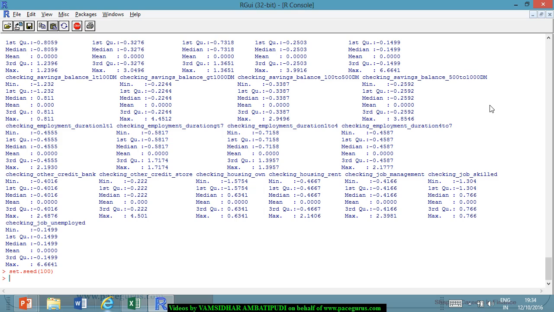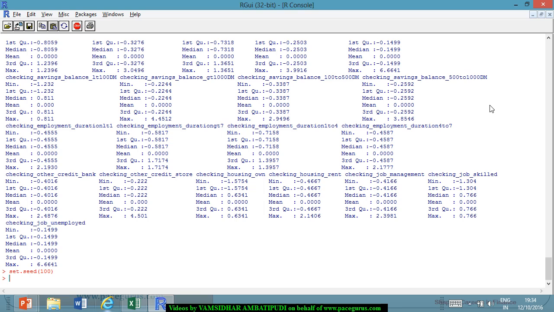Because the random numbers that are generated by the system are generally pseudo-random numbers. They are not perfect random numbers, they are based on some algorithm that is dependent on the seed value itself.